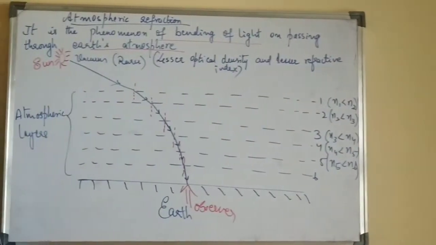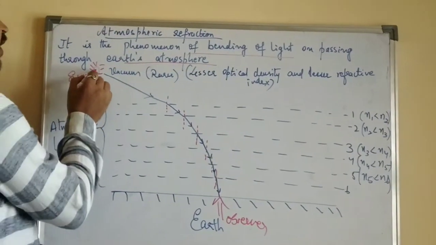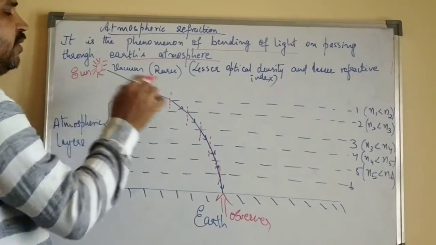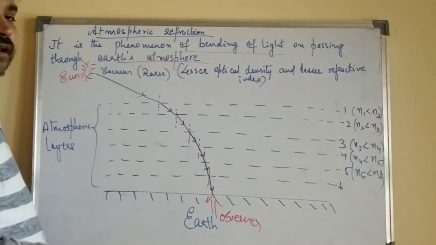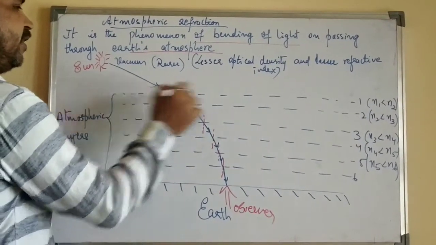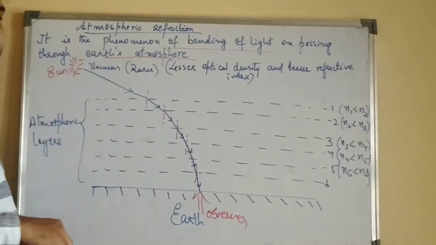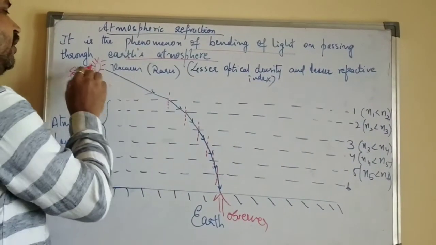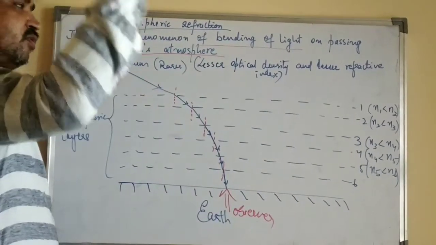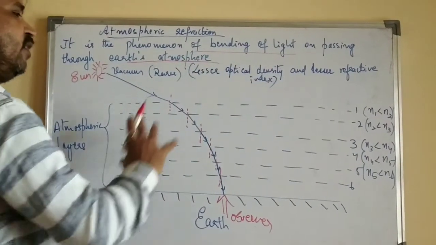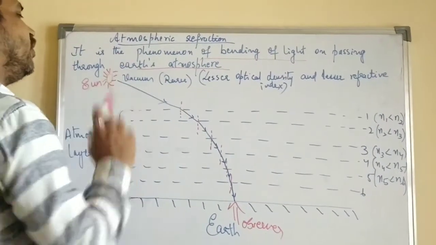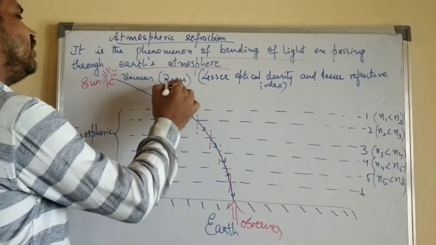Now, before the sunrise, here is the sun. A ray of light is passing from the sun. Before entering the Earth's atmosphere, before entering the first layer, this sun ray is traveling in the vacuum, which means there is no atmosphere or air. It is fully space. When it is traveling through space, that is considered the rarer medium.